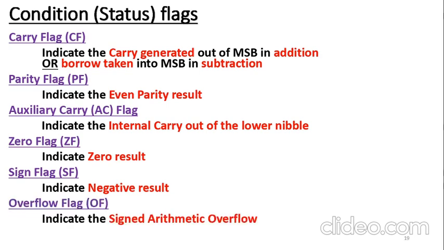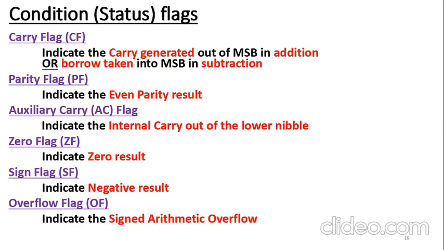Then next will be the overflow flag, OF. This overflow flag indicates signed arithmetic overflow. Now what do I mean by arithmetic overflow here? Whenever we are performing some signed arithmetic operations, the numbers are taken into 2 registers. As an example, one can be taken in a register and the second from a memory location.